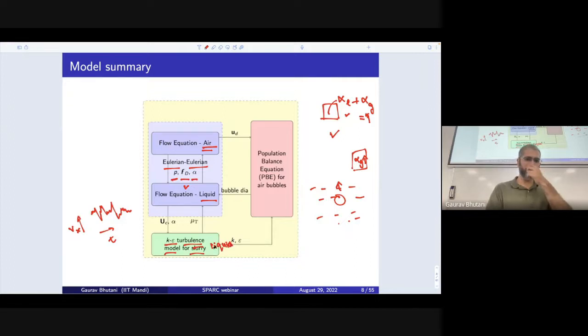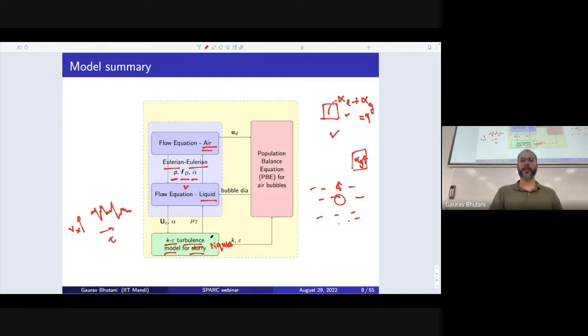What this model does is it enhances the viscosity of the liquid, because turbulence by its nature is dissipative. It increases the viscosity, and that results in increased mixing, because molecular viscosity, for example, results in the mixing of momentum.